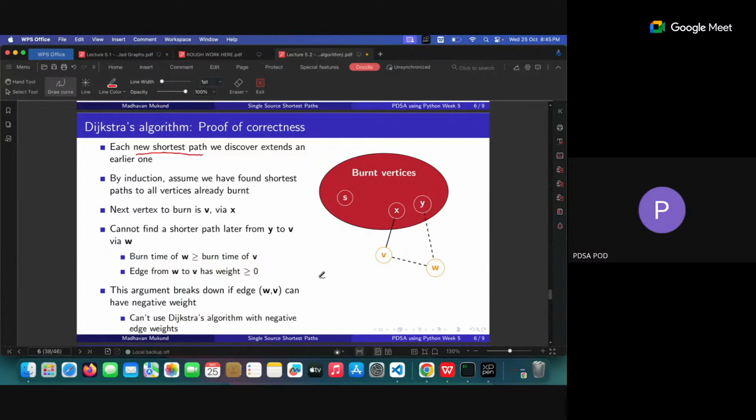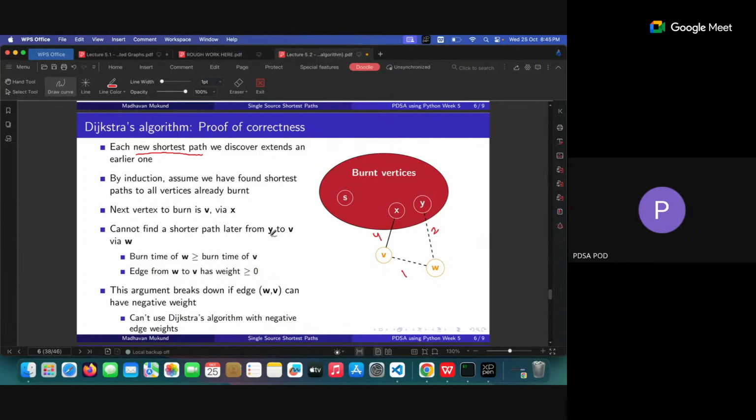But you might have one particular shortest path. Like you have 2 here, 3 here, 4 here. From X, when you're burning V, sorry, we'll change the values because via W we are not having any shortest. Here 2 and 1. The burn time of W is greater than the burn time of V, so that's okay.